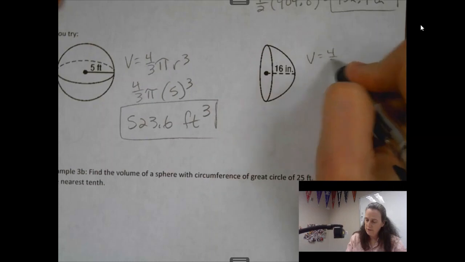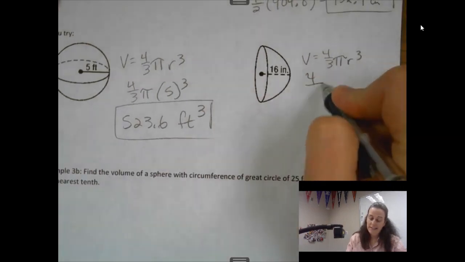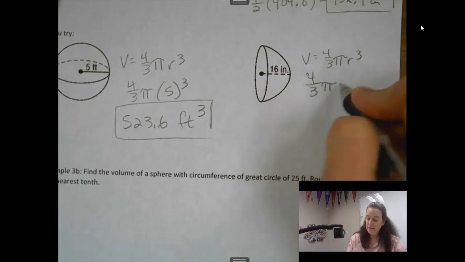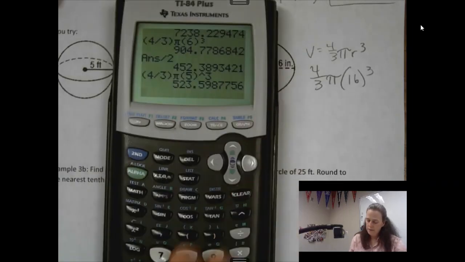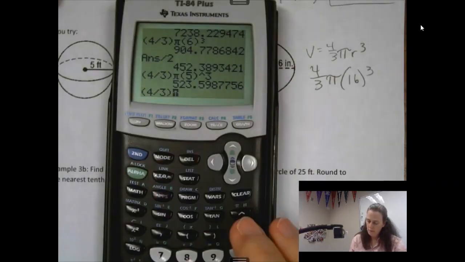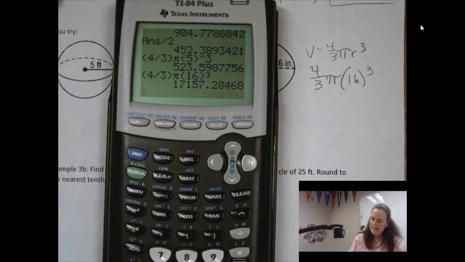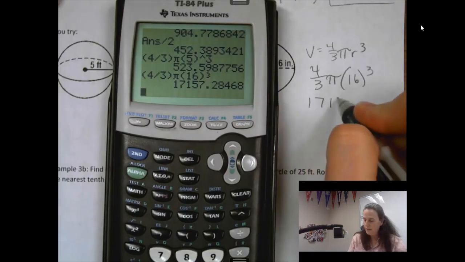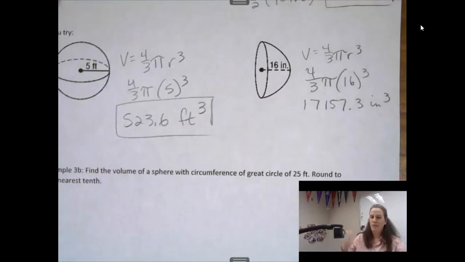Let's try this one. Volume is 4/3 pi r cubed, and it's 16 cubed. So 4/3 pi 16 cubed gives 17,157.3 inches cubed for the whole sphere, but we have a hemisphere.